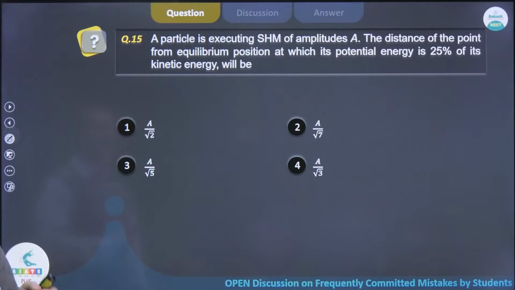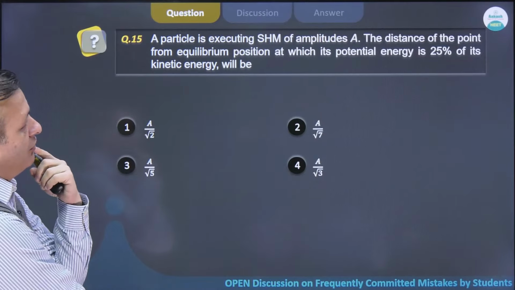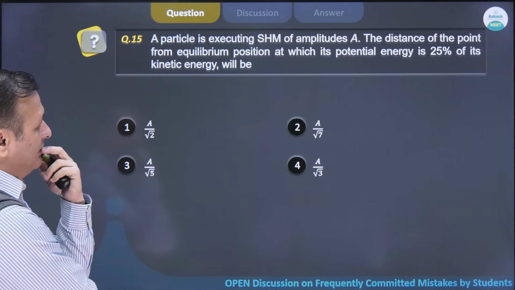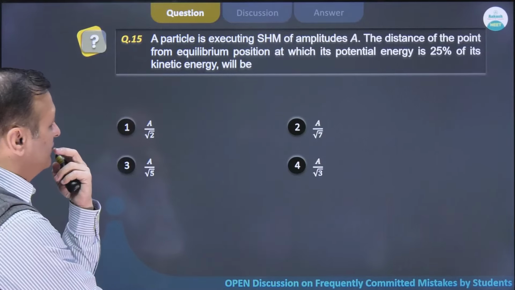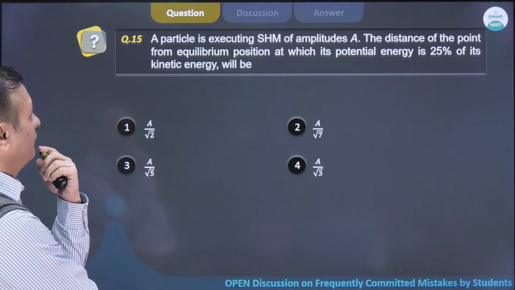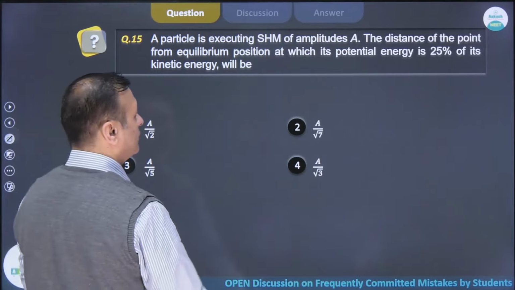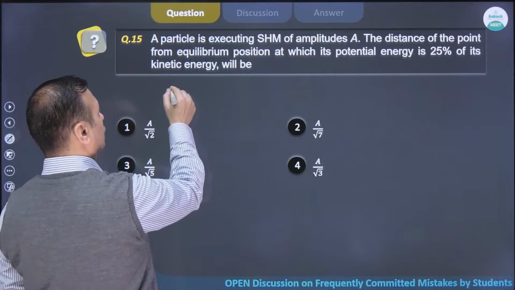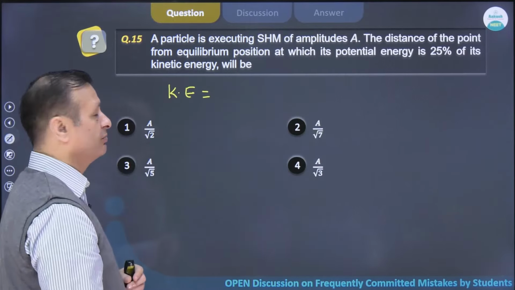Now the next question. A particle is executing SHM of amplitude A. The distance of the point from equilibrium position at which its potential energy is 25% of its kinetic energy will be. So we will simply use the direct expression.